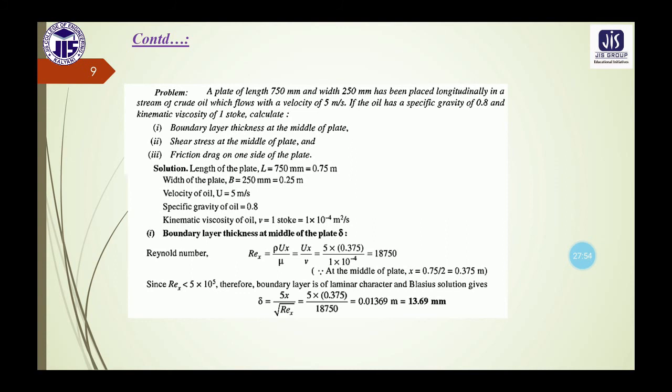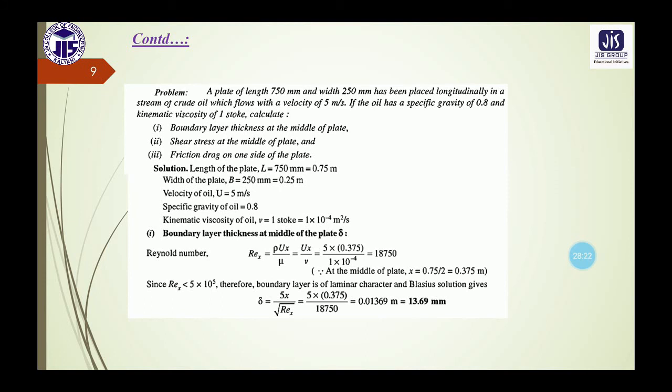As the kinematic viscosity is given here, we have represented the Reynolds number in the form of kinematic viscosity, which is dynamic viscosity by density. Now the value of u, the velocity of oil, is given in the question as 5 meter per second. Then the value of x is given as 0.375. So how is it coming 0.375?